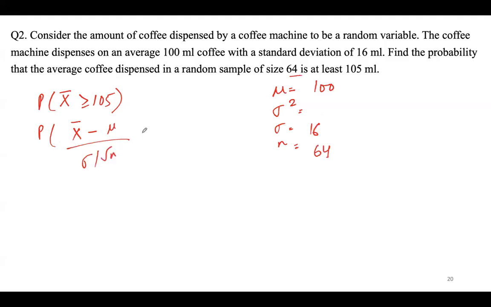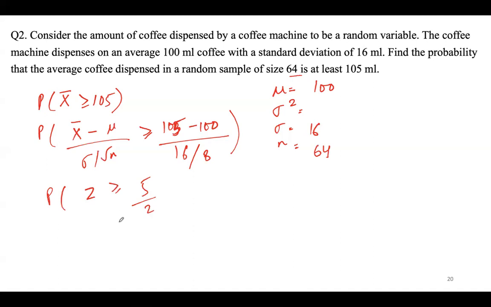n. So it's going to be 105 minus 100 divided by 16 by root n. That's 8. So probability of this z is greater than 5 by 2.